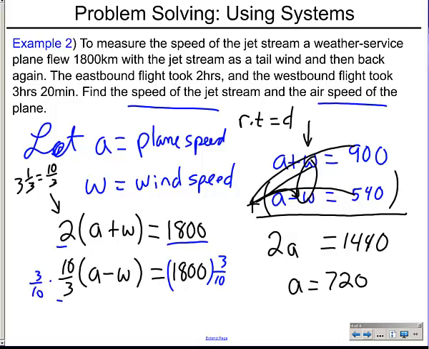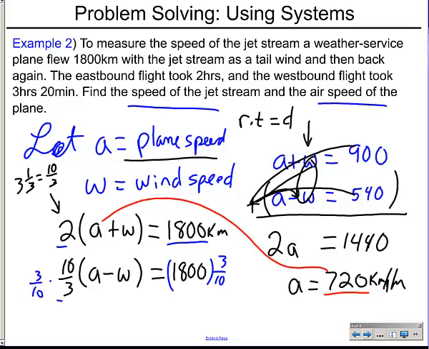Now A is the plane speed, and this was in kilometers, so this is in kilometers per hour. Go back up to, let's say, the first equation and put 720 in place of A, and then solve for W. After substituting, we'll have 2 times 720 plus W is equal to 1,800.